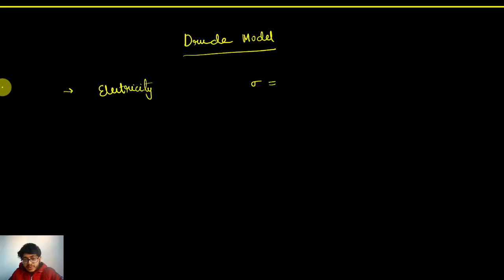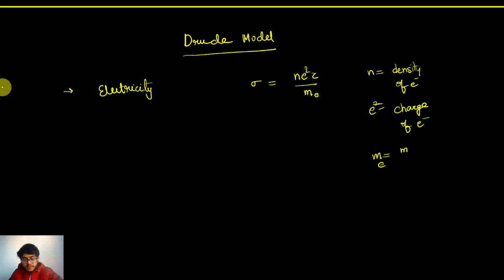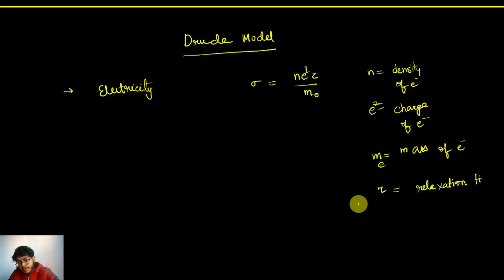We studied that sigma equals n e squared tau by m, where n equals the density of electrons, e equals the charge of electrons, m equals the mass of electrons, let's say it's m_e, the mass of electrons, and also tau is the characteristic relaxation time. Correct? So that is what we kind of saw.